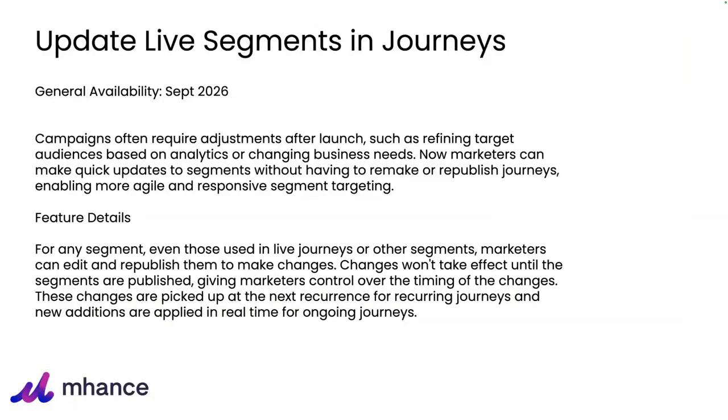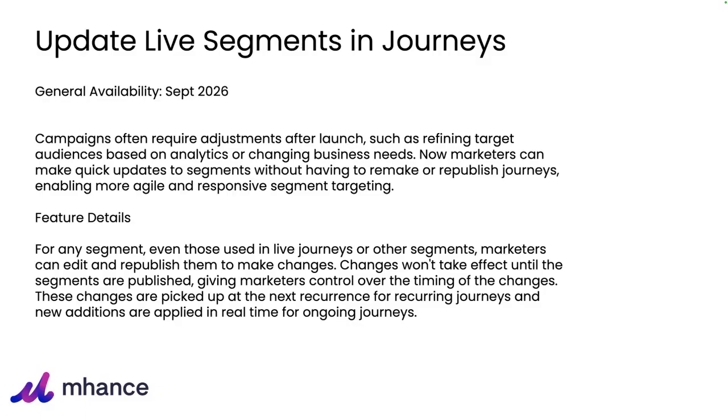Okay, this is interesting, coming out in September. In reality, this is a feature we've been really struggling with for probably the last couple of years, the ability to tweak and change the segmentation once a journey has been put live. As it stands today, once you've built a segment, once you've built a journey, you can't really back out of it.